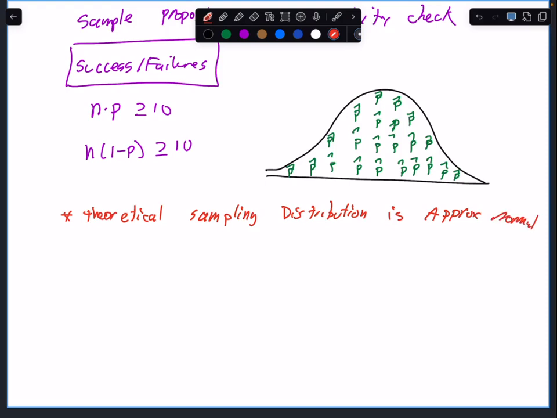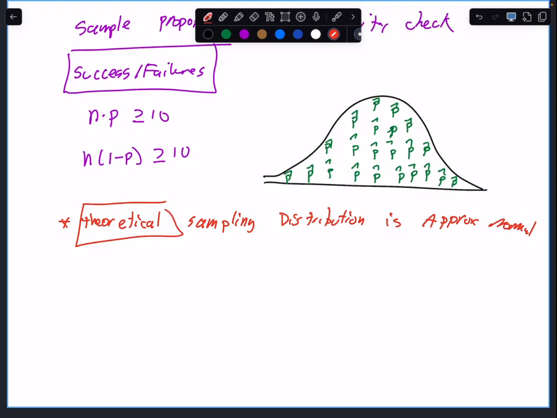And the theoretical sampling distribution is every possible combination, or every possible sample of size n from the population.